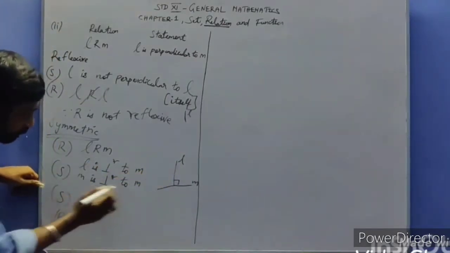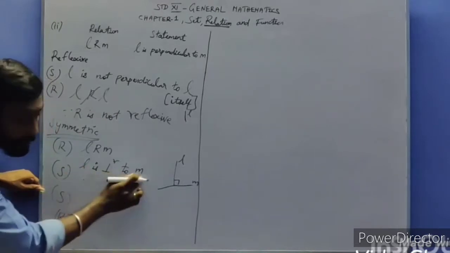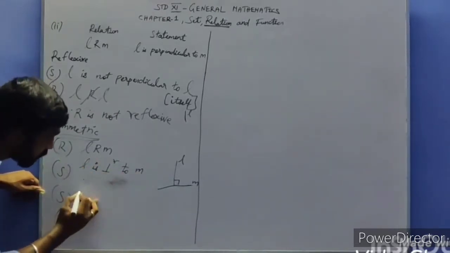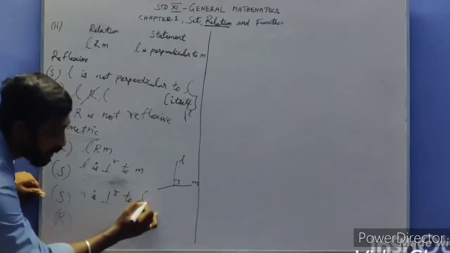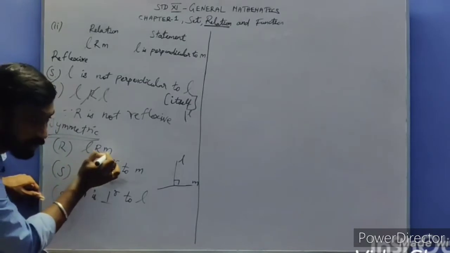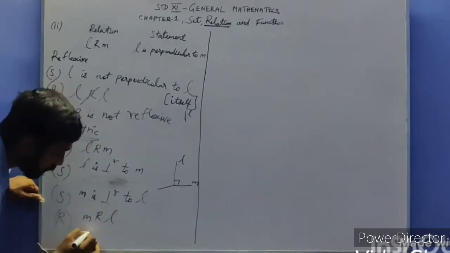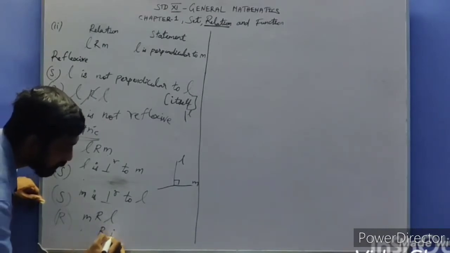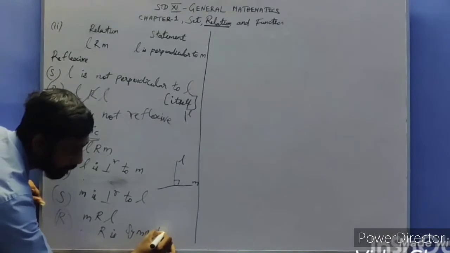So here, L is perpendicular to M. The next statement is M is perpendicular to L. Then for the relation you have to write: L is perpendicular to M means M related to L. So therefore R is symmetric. It is an easy one, right?